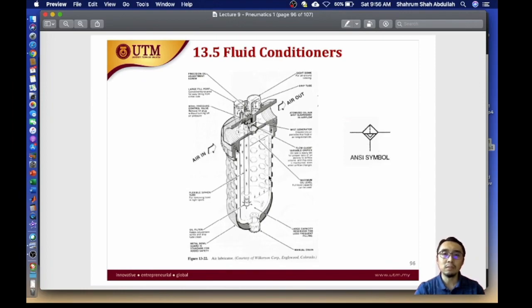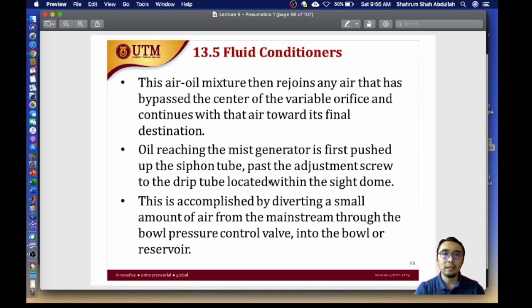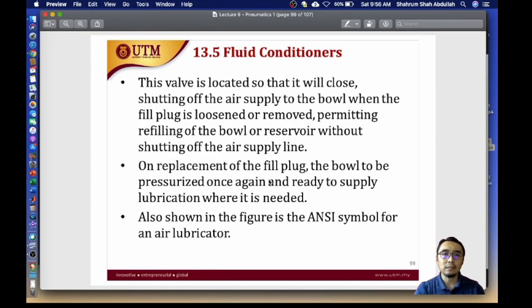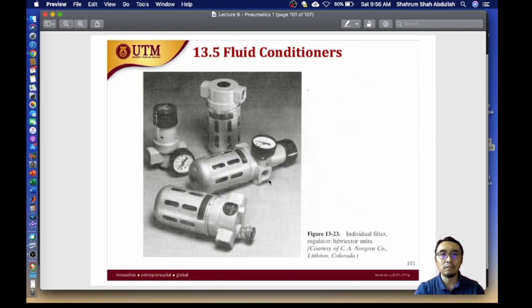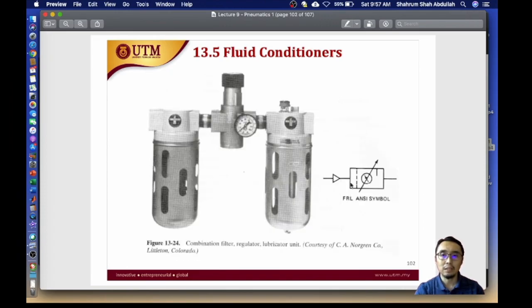This is the symbol, this is the schematic, and that's the explanation of how a lubricator works. And this is the combination of the individual filter, regulator, and lubricator units. They combine all this into one symbol.